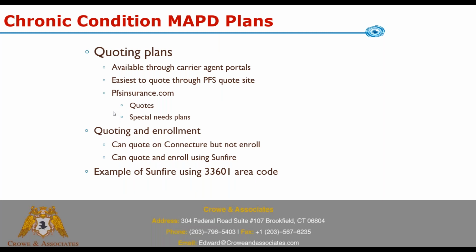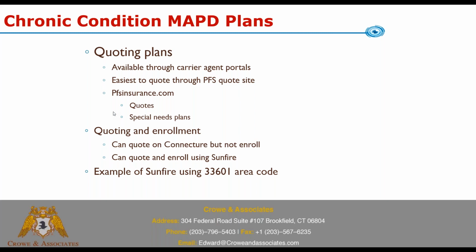So how do you quote chronic conditions plans? Well, there's a couple ways. You can quote them through the carrier portals, but obviously, if you're not sure what chronic condition plans are available in a given area, that's kind of a laborious way to try to do it. The easiest way to quote that is through the Pinnacle Quote site. If you haven't used the Pinnacle Quote site, it's quick and it's easy. You go to pfsinsurance.com.